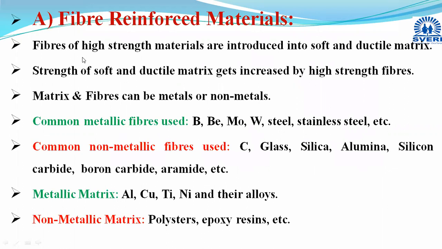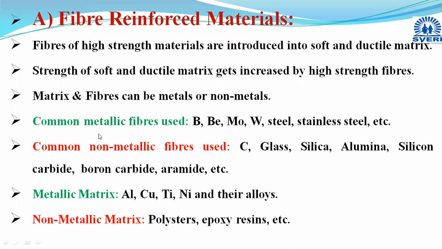To explain again, fibers of high strength are introduced into a soft and ductile matrix. The strength of the soft and ductile matrix will get increased due to these high strength fibers. Which material can we use as a matrix and which as a fiber? We can use both metals and non-metals as matrix as well as fibers.